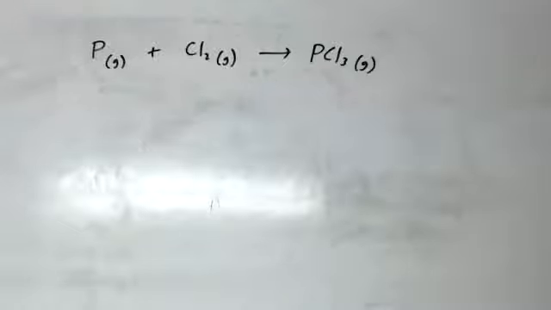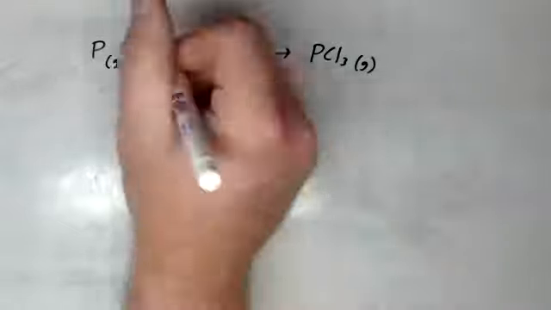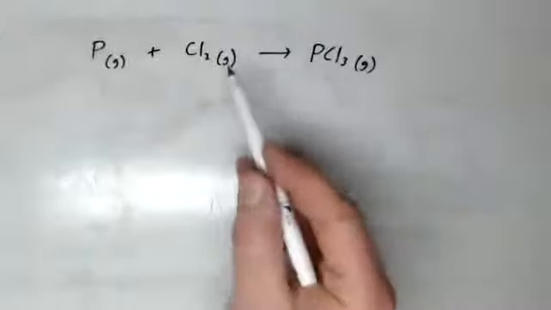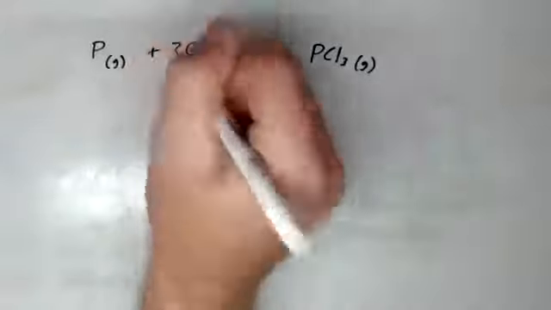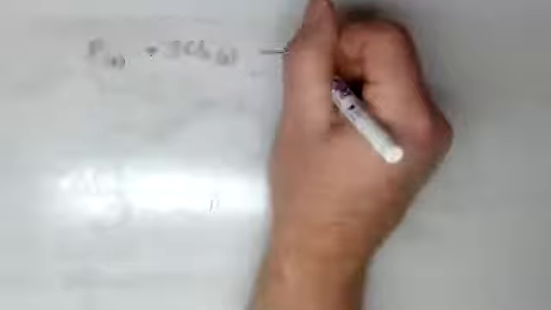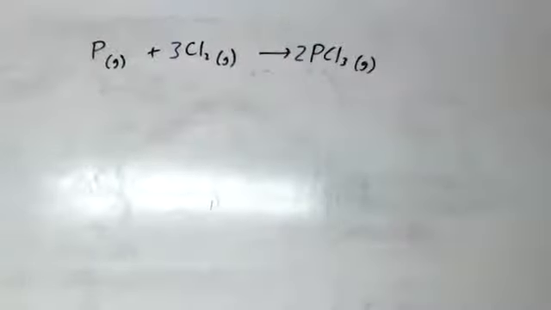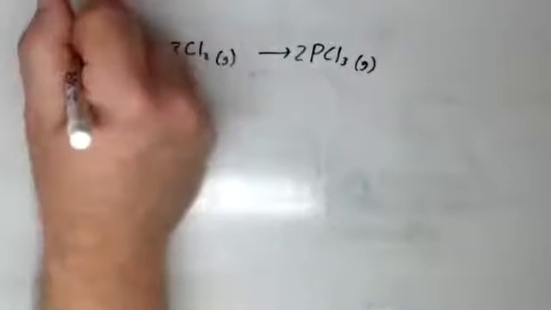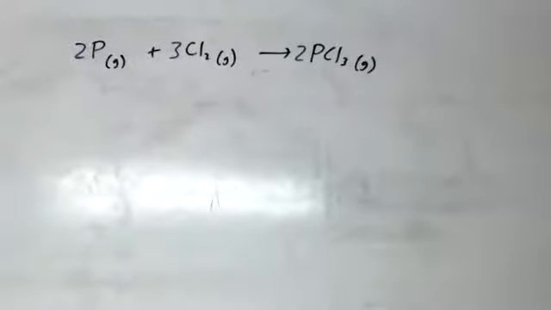Balance. Of course. So I would just say the least common multiple here being 6. If we have 3 Cl2s and 2 PCl3s, we got 6 chlorines on each side, and we'll also need 2 phosphoruses on each side. So as always make sure your chemical equation is balanced before you do anything else. Sadly, all the homework problems in your book will be pre-balanced, so I apologize for that.